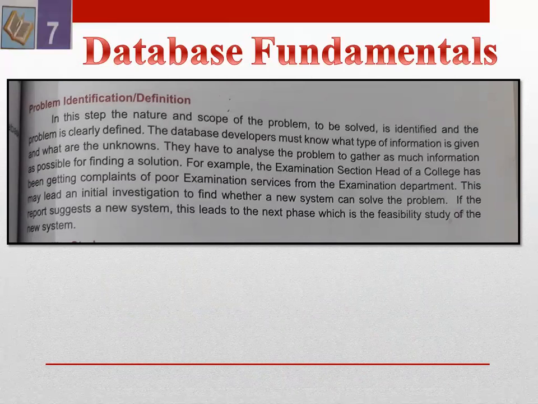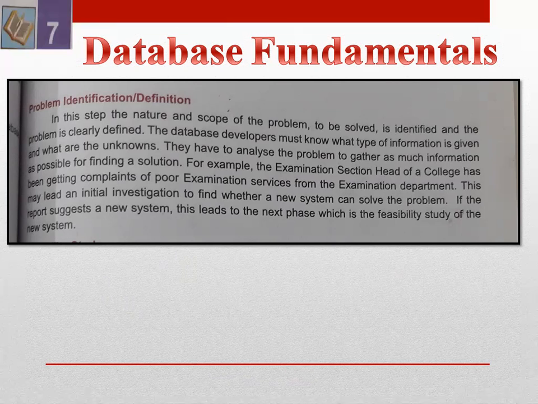In this step, the nature and scope of the problem to be solved is identified and the problem is clearly defined. The database developers must know what type of information is given and what the unknowns are. They have to analyze the problem to gather as much information as possible for finding a solution.